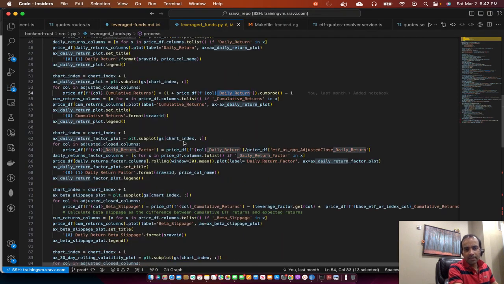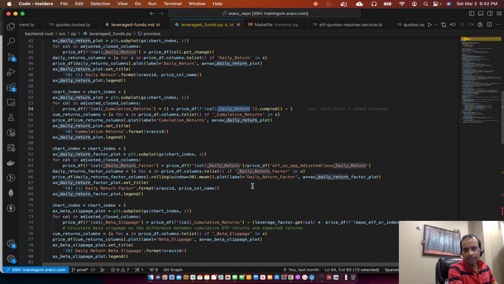To calculate the daily return factor, I took the daily returns of each asset divided by the daily returns of QQQ, which is the base ETF, the non-leveraged ETF. So it's just the division of the daily return of each ETF by the QQQ daily return.